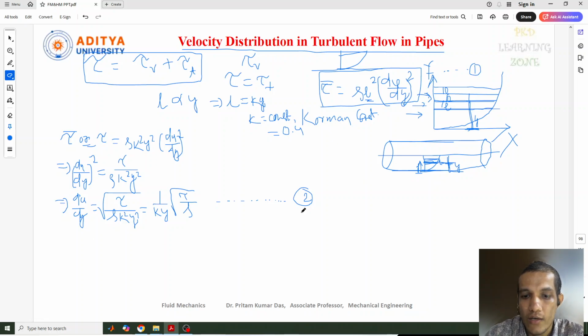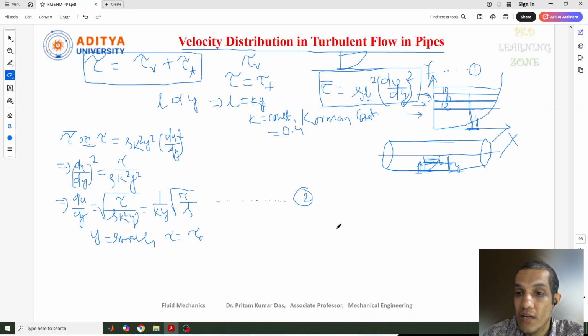We have seen that one, and that will be equal to tau naught. I'm just talking about the conditions: when y is very small, tau will be approximately tau naught, because the shear stress will be constant.